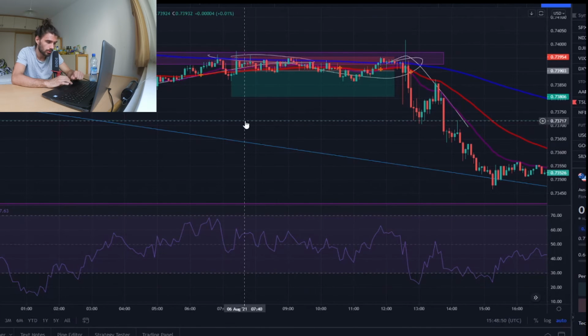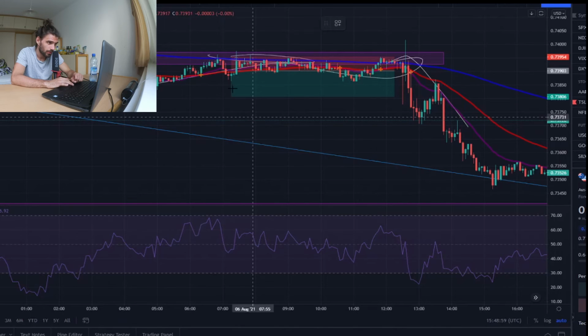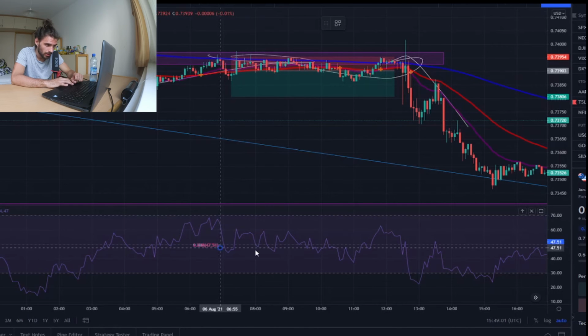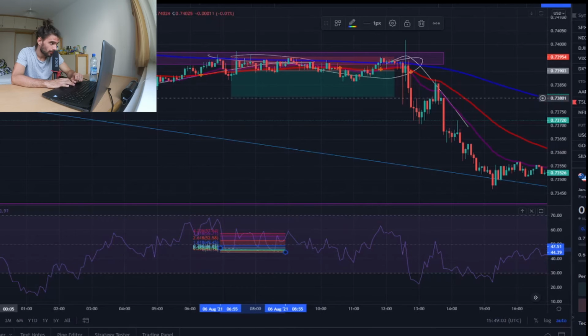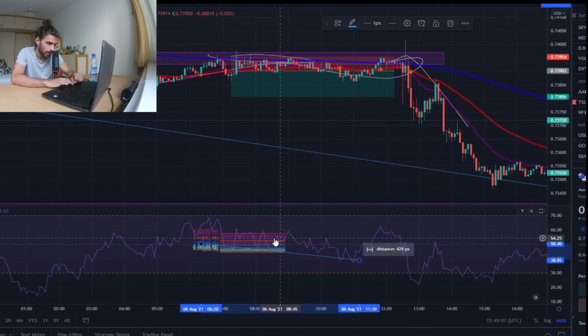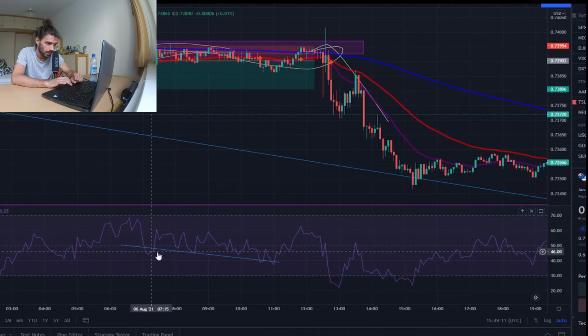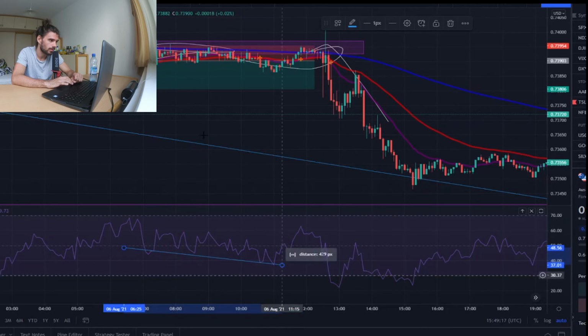So we should have looked for a point where the RSI was pretty high, but here it wasn't. But therefore we could find the RSI going lower and lower, which means we suddenly went below the 50 mark a couple of times, which is another indicator that we will go lower from here.